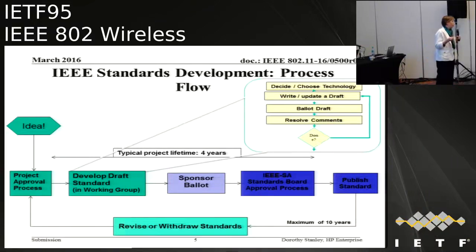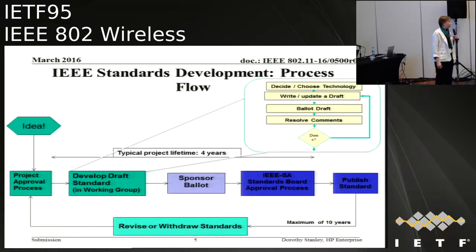And then there's a standards board approval process. This is at the IEEE level. So all of the 802.11, 802.15, all the 802 standards, as well as the IEEE standards that are developed in different organizations, for example, power standards, all go through this IEEE standards board approval process.